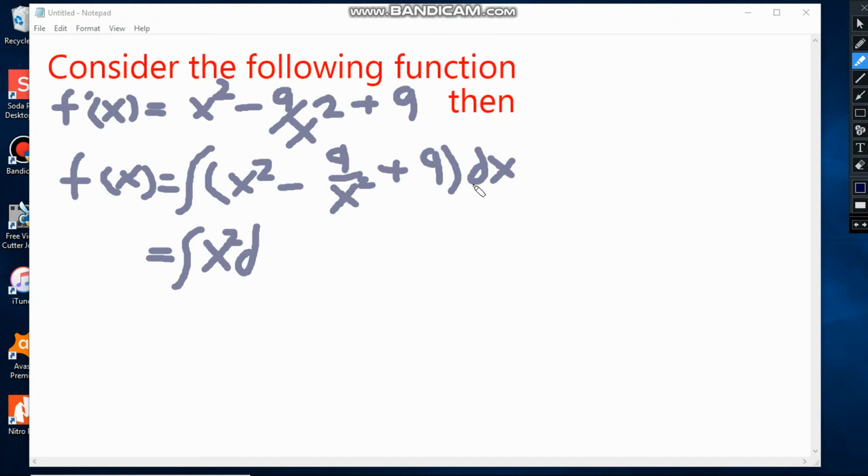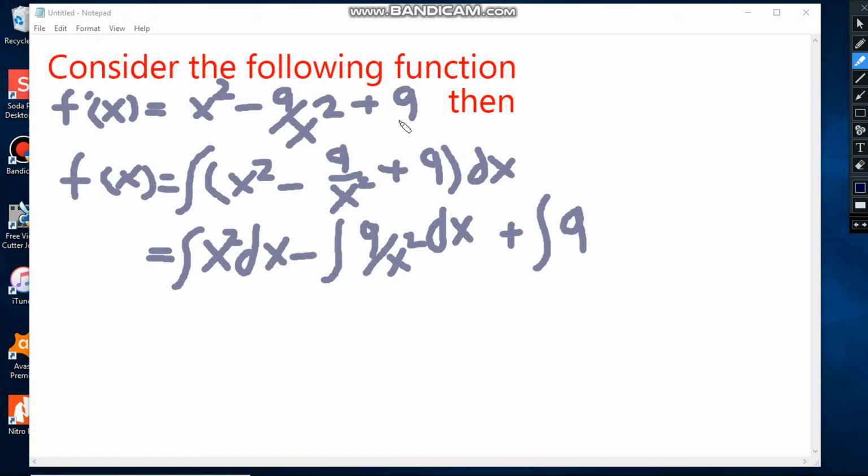At the same time, I multiply the derivative of x to x squared, and minus the integral sign times this value 9 over x squared, and I multiply the derivative of x to this value, and finish with this one. I multiply the integral with 9 and then with the derivative of x.